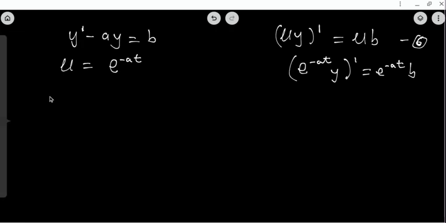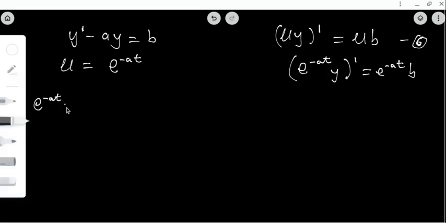It's going to be e^(-at) multiplied by y prime, then minus, I'll also multiply it here, e^(-at) a multiplied by y, should be equal to e^(-at) multiplied by b.